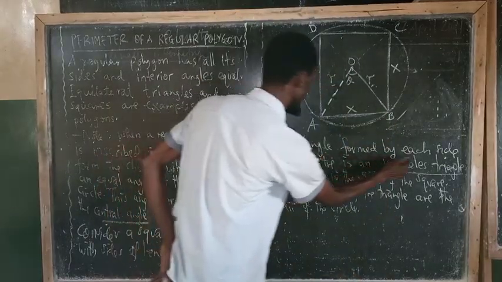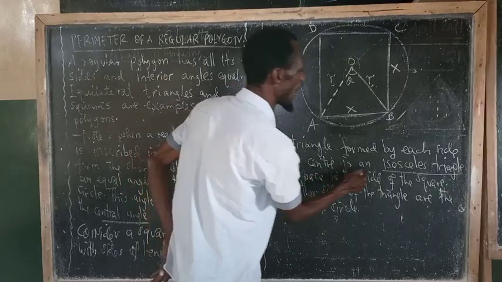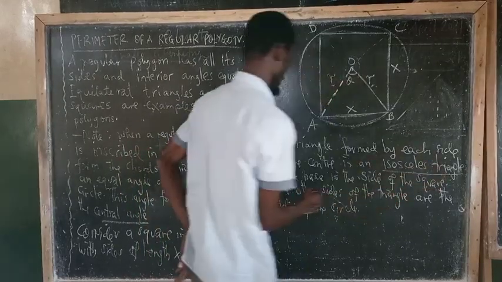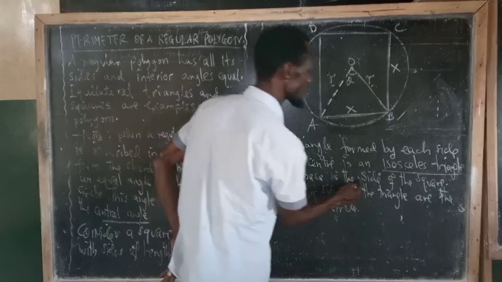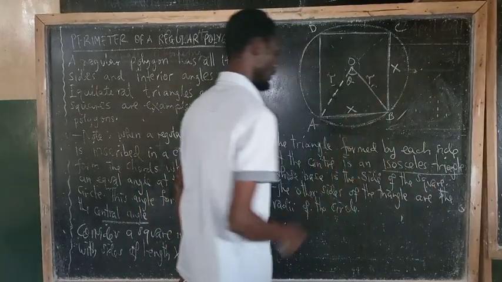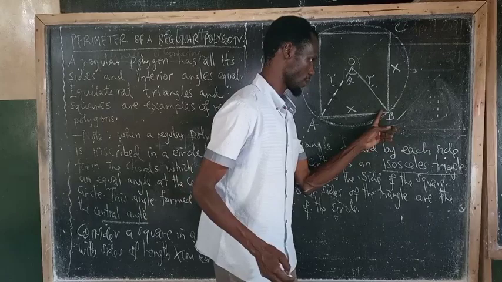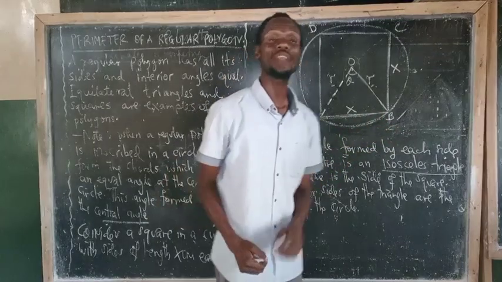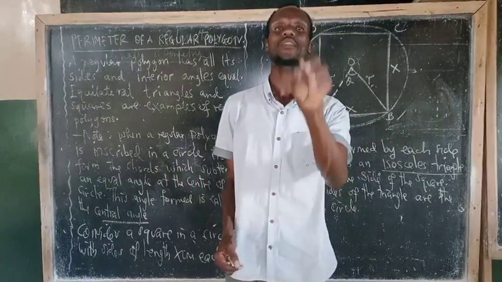The triangle formed by each side at the center is an isosceles triangle whose base is the side of the square.